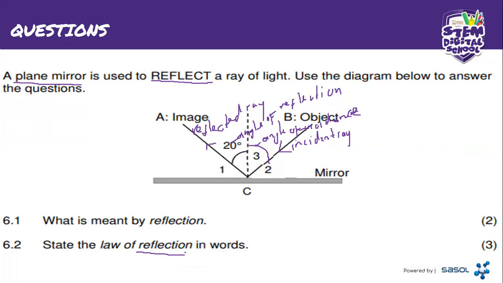Because when the light ray falls upon a plane surface, it is so reflected that the angle of incidence is equal to the angle of reflection. And the second one is that the incident ray, normal, and the reflected ray all lie in the same plane. And you see I'm using reflected.